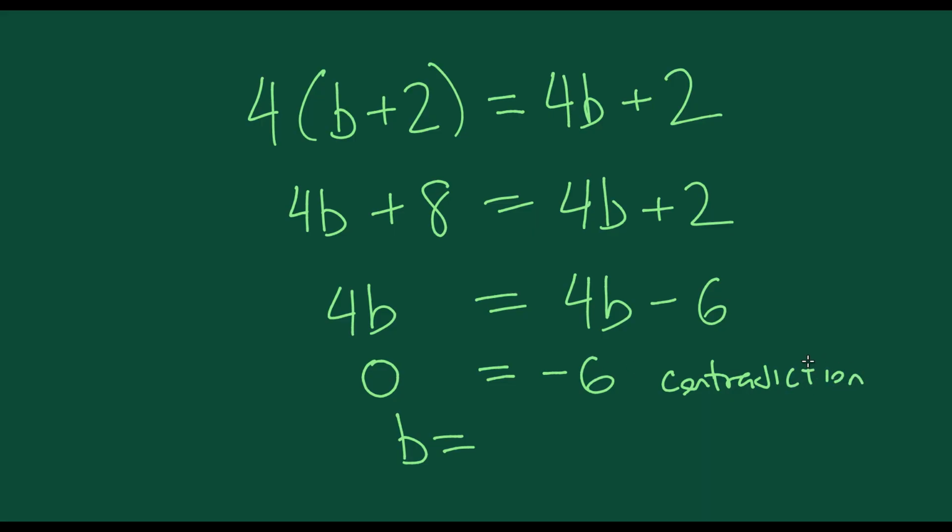If you arrive at a contradiction, this means there is no solution. So once in a while, you will come across a math problem where there is no solution. Okay? If you see 4(b + 2) = 4b + 2, b cannot be any value. There is no solution that b can be that would satisfy this equation.